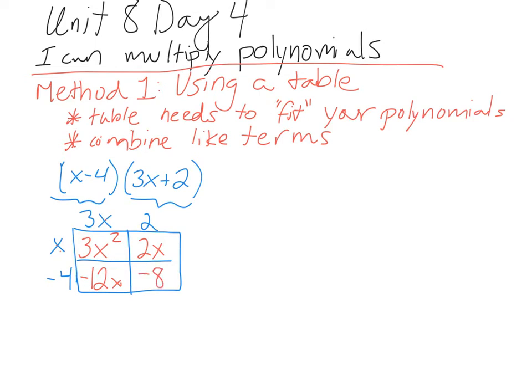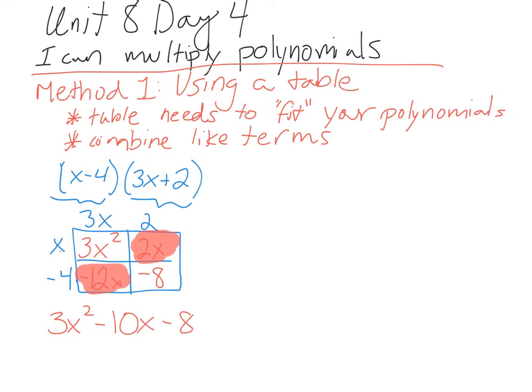When we get done, notice like terms right here and right here. Those are like terms, so I'm going to add them together for my final answer. In my final answer, I've got 3x squared, negative 12 plus 2 is minus 10x, and our last thing is that minus 8 all by itself. So that's using the box.